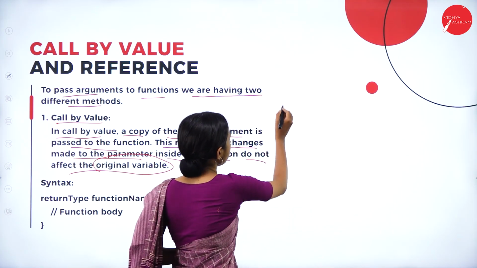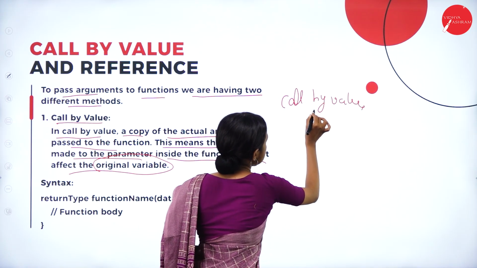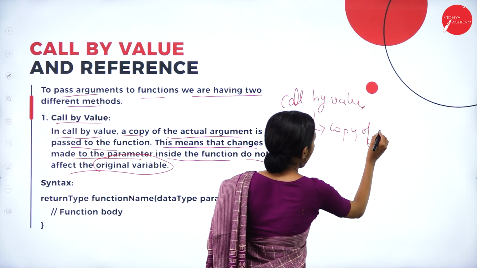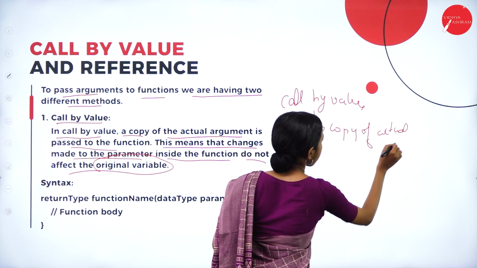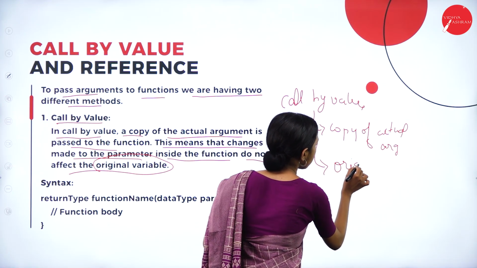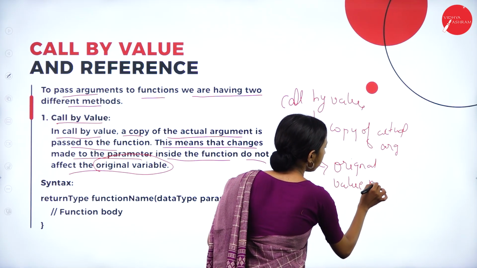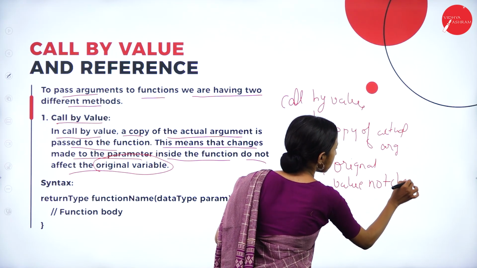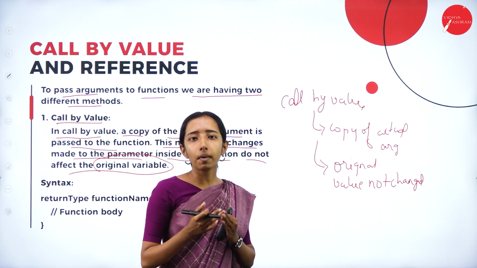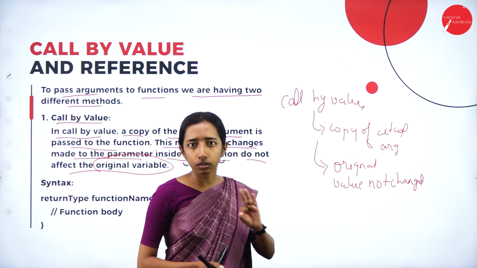So you should remember, call by value means it is a copy of the actual argument, and also the original value does not get changed. These are the two main points: call by value is a copy of the actual argument, and the original value will not be affected.